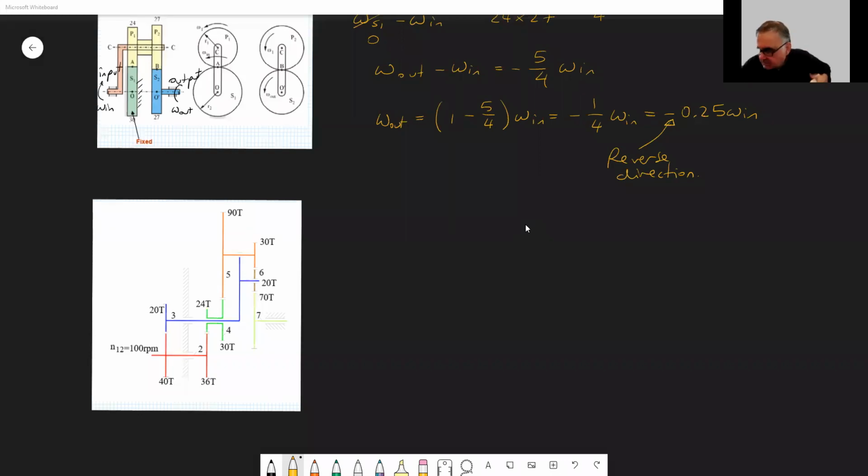So this example is again from Eres Hoca's notes. Let's say we have a kind of complicated gearbox. Some teeth are not well shown here, so I'm drawing.